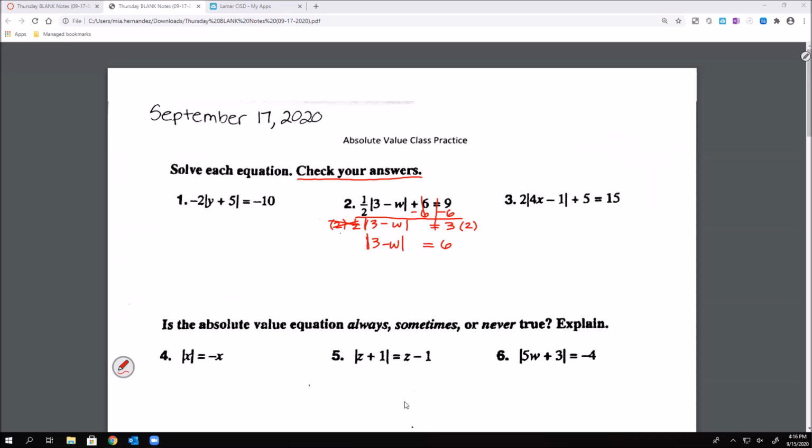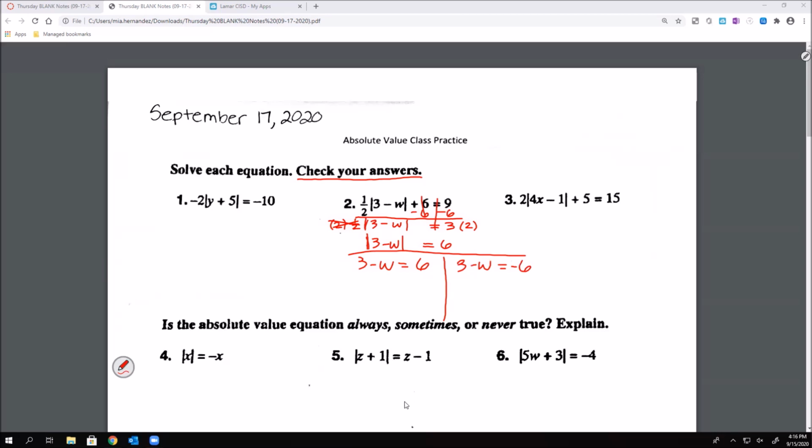First one, I write with a positive solution. So my equations are always just whatever is inside the absolute value. And then one solution is positive. And one solution is negative. So our 2 equations are 3 minus w equals 6 and 3 minus w equals negative 6.